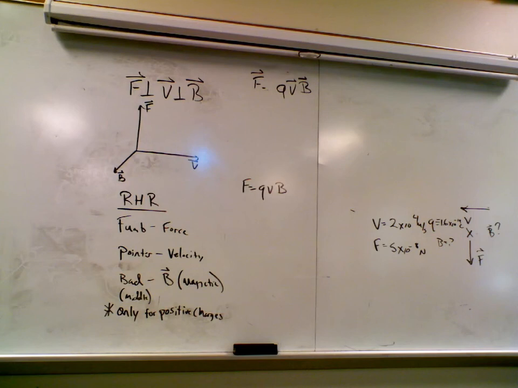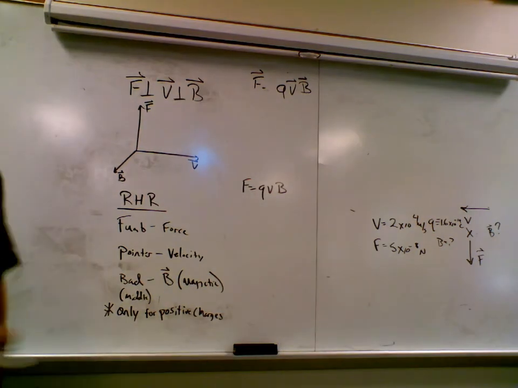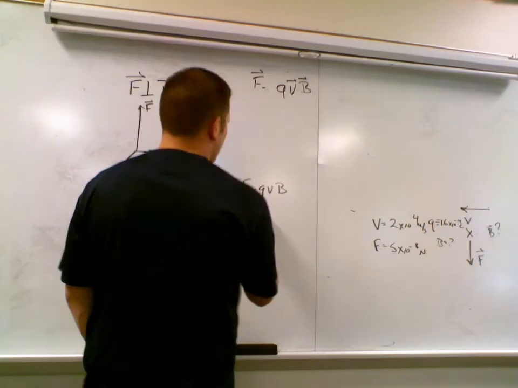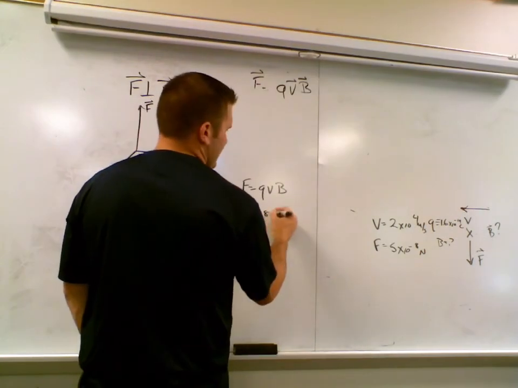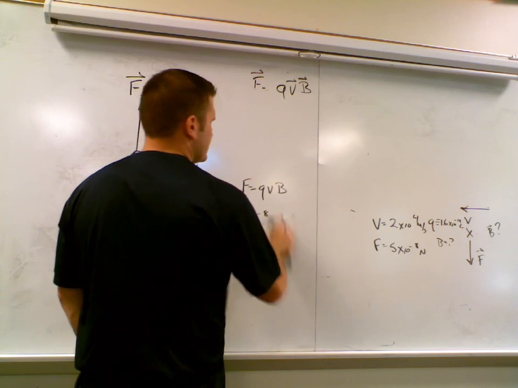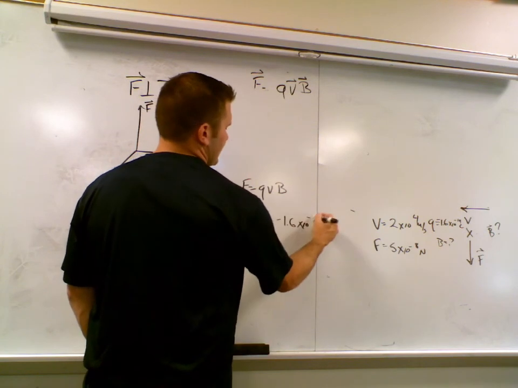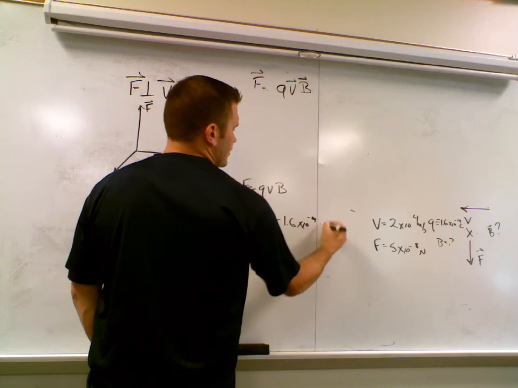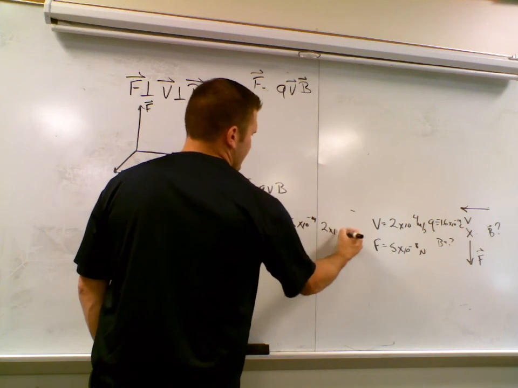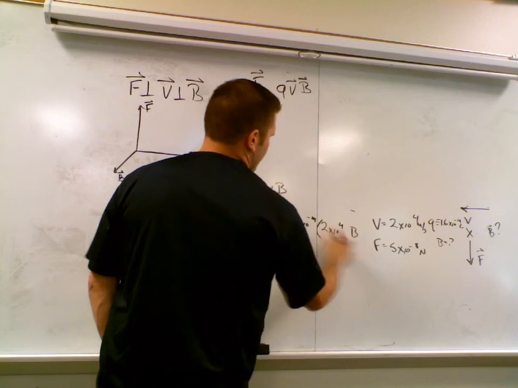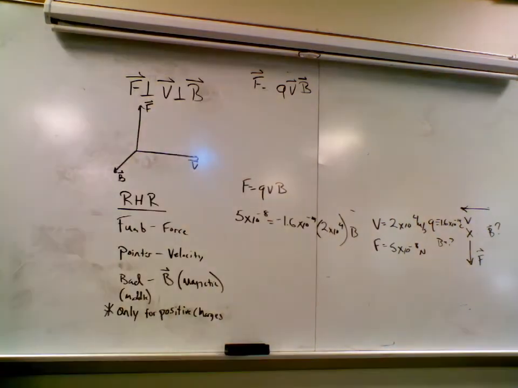Yes, Kyle? Is the charge negative? Yes, negative, because it's an electron. So the force, 5 times 10 to the negative 8 newtons, equals negative 1.6 times 10 to the negative 19 times V, 2 times 10 to the fourth, times B. Let's simplify the right side.